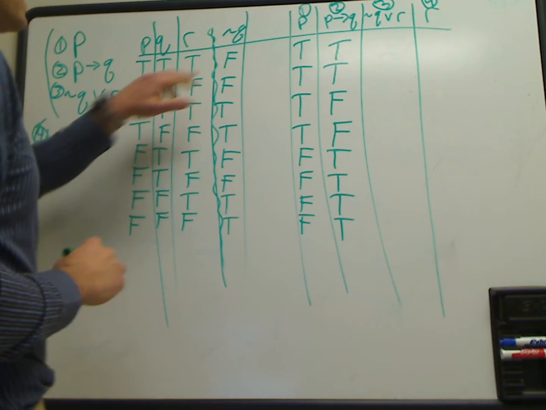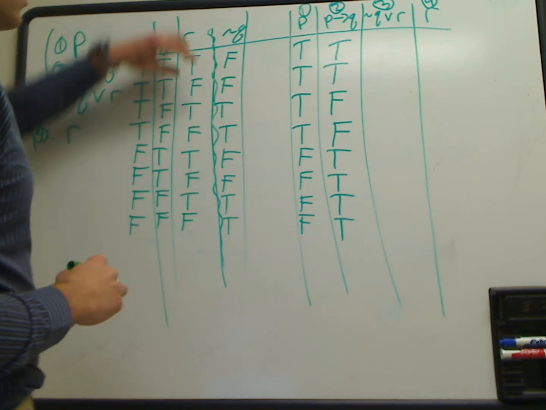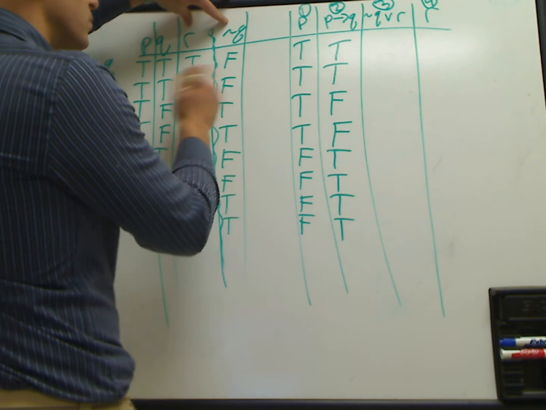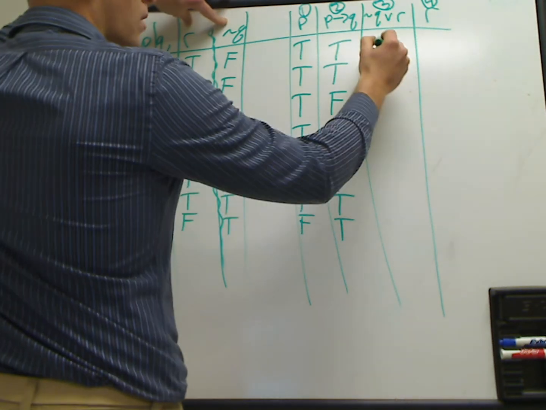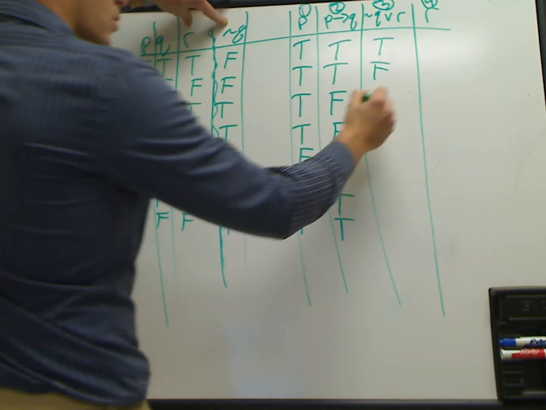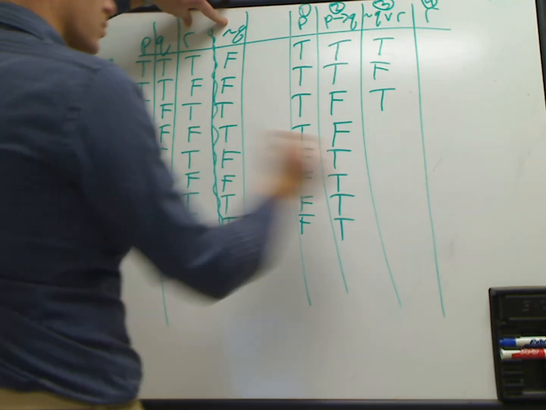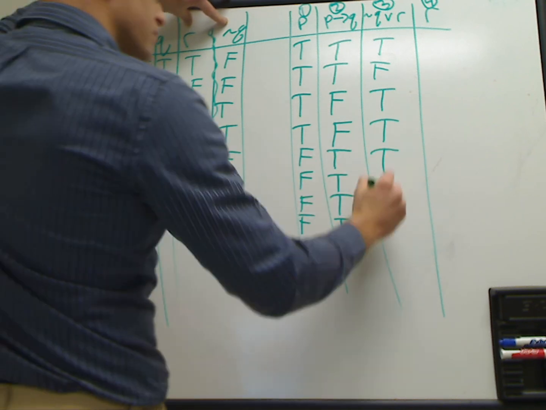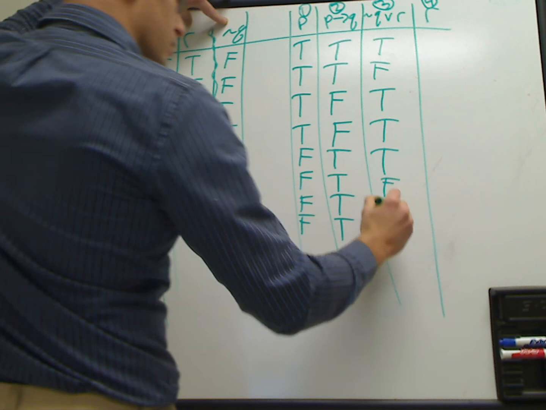Column 3 is not Q or R. So we look at these two columns and we take the or of the two of them. So true or false is true. False or false is false. True or true is true. True or false is true. True or false is true. False or false is false. True or true is true.